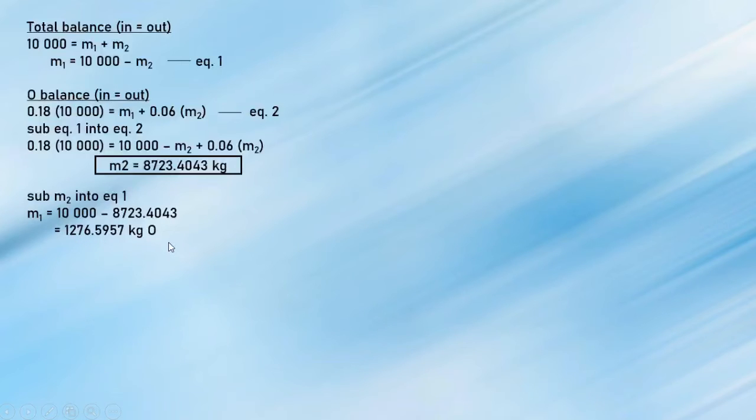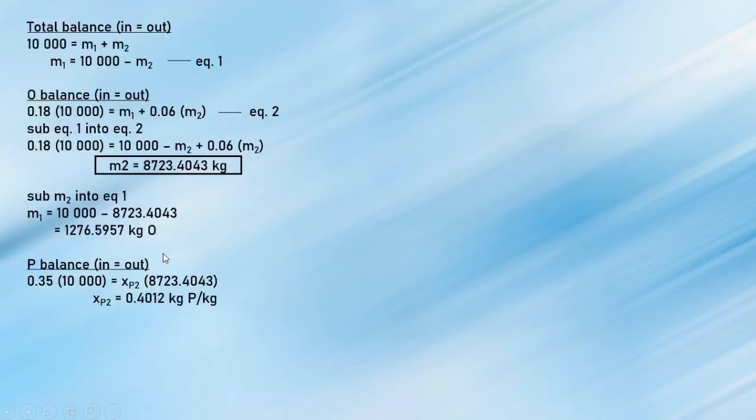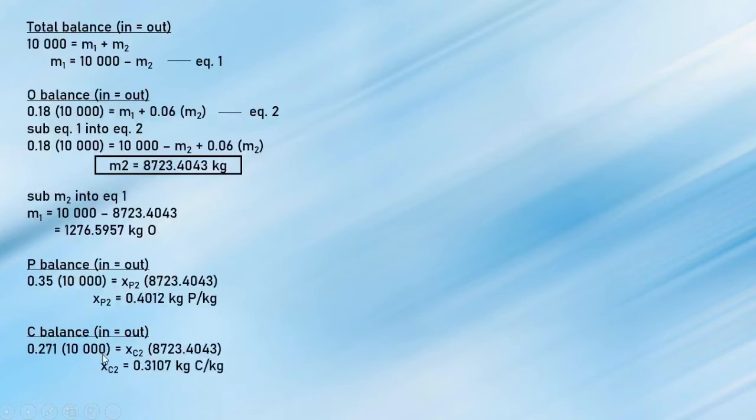1276.5957 kilogram of oil. Using P balance to find XP2 equals 0.4012 kilogram P per kilogram. C balance to find XC2 equals 0.3107 kilogram C per kilogram.